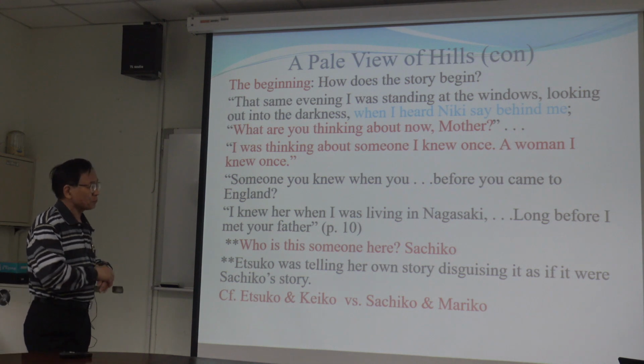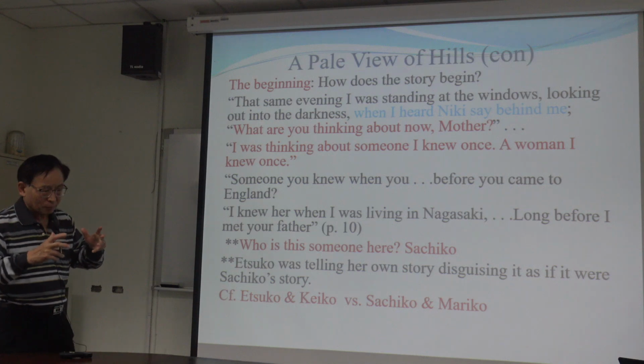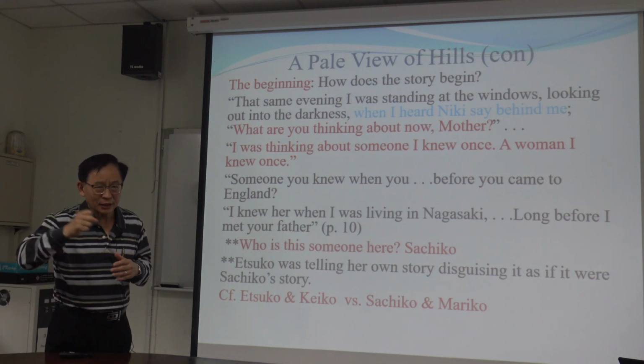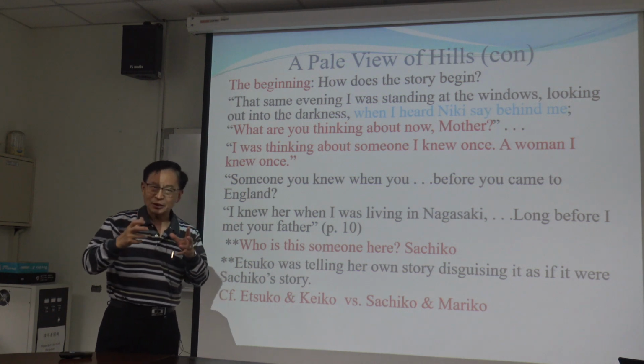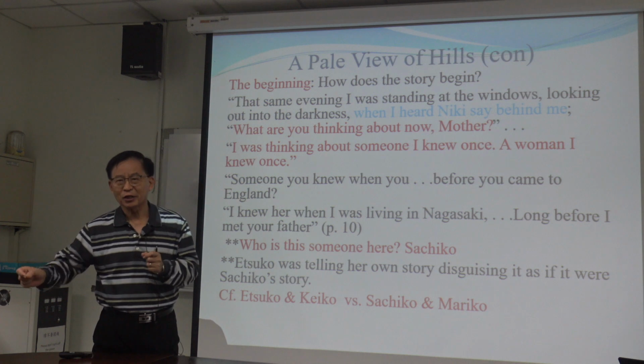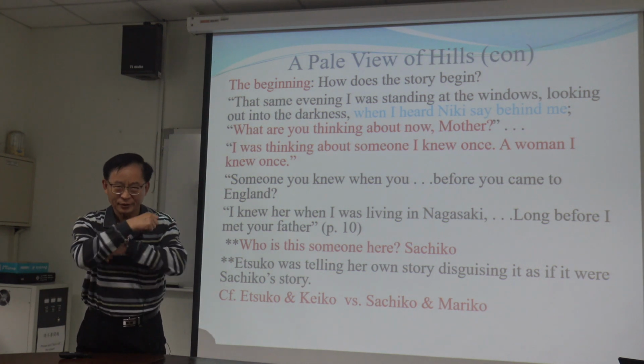And we know, as I mentioned last week, the story begins with a visit from Niki, the younger daughter of Etsuko. Etsuko is the mother. Etsuko is also the narrator, the storyteller.